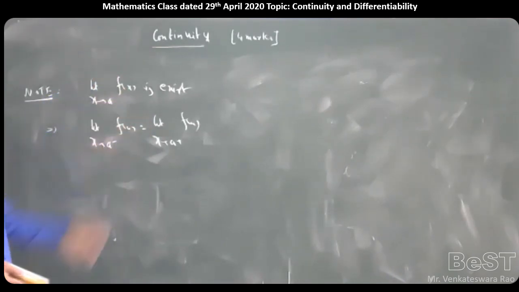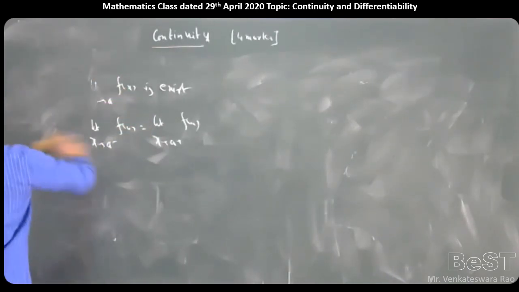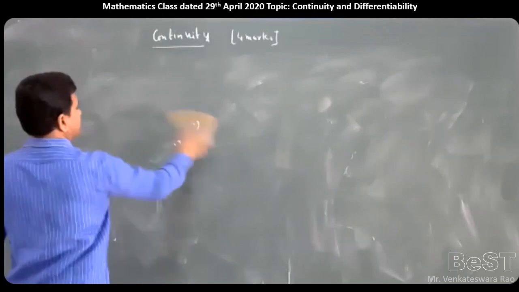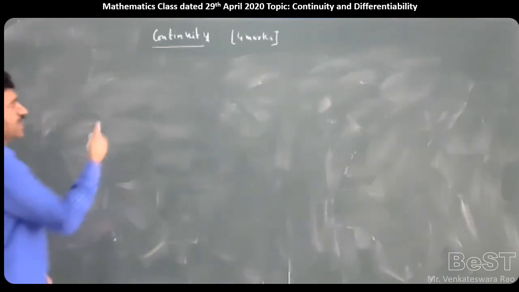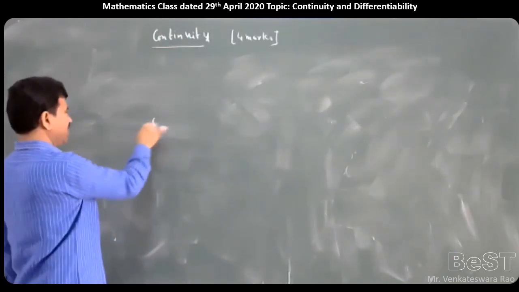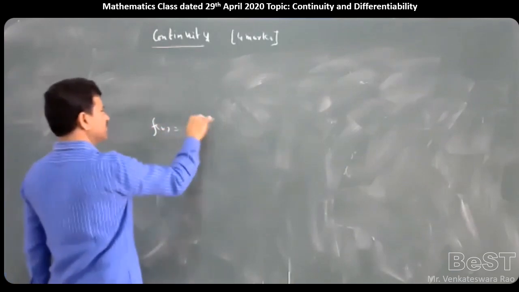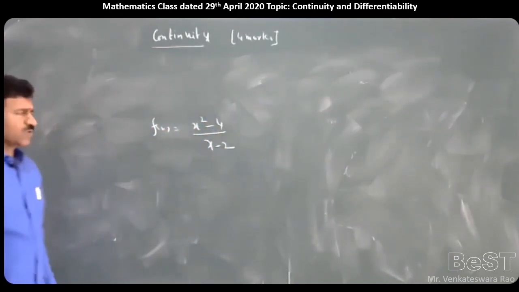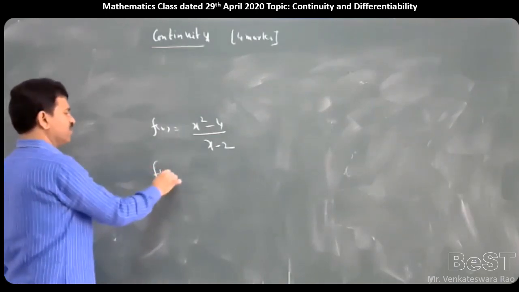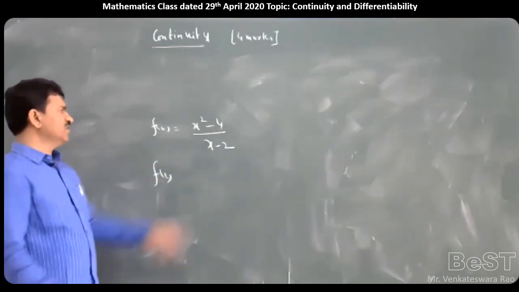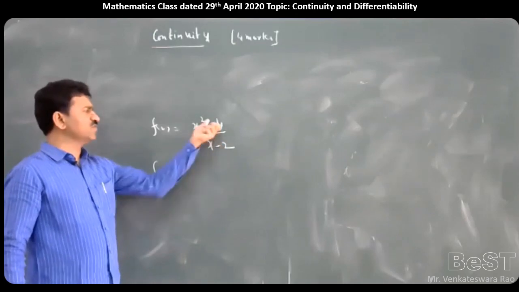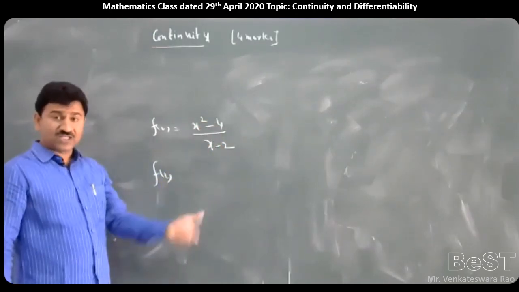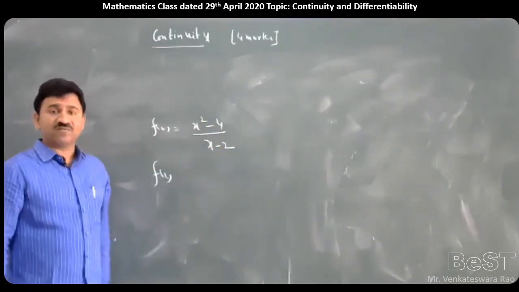Now a note on the definition of continuity. Before going to the definition, see this example. f of x is equal to x square minus 4 by x minus 2. We'd like to find the f of 2 value. Substituting, 4 minus 4 by 2 minus 2 is 0 by 0, an indeterminate form.